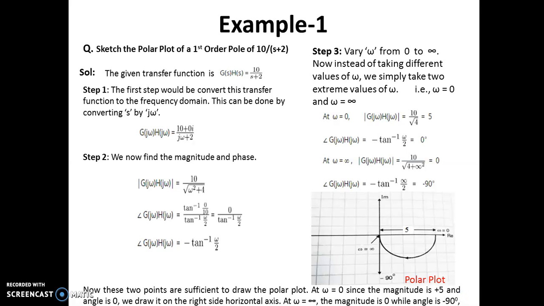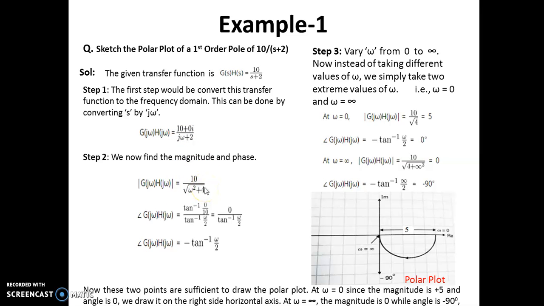The first step is to convert into frequency by substituting s equal to j omega. There we will get 10 by j omega plus 2. Then separate the magnitude and phase. So the magnitude of G(j omega)H(j omega) is equal to 10 over square root of omega square plus 4.